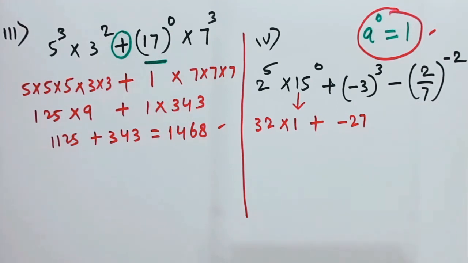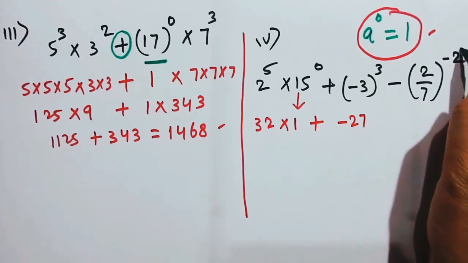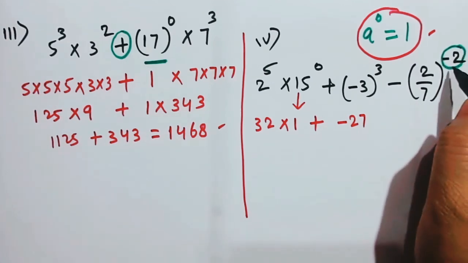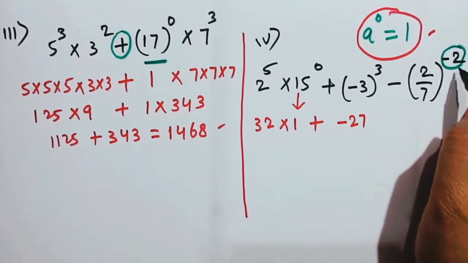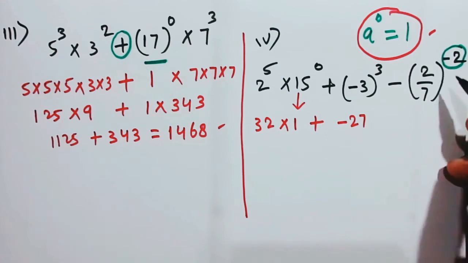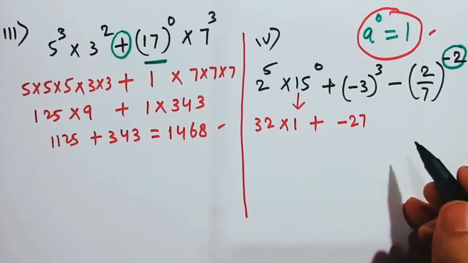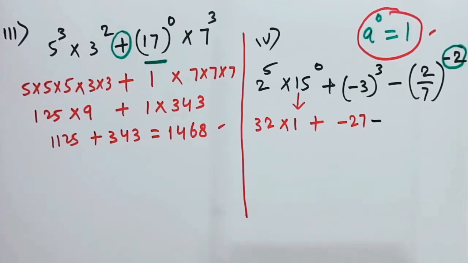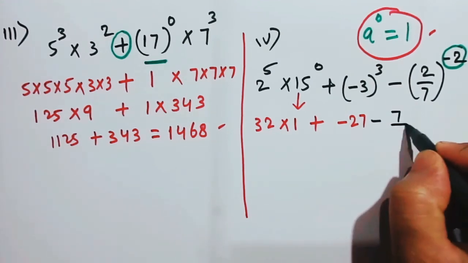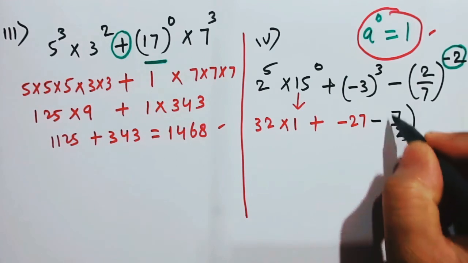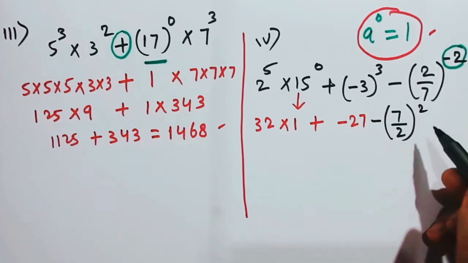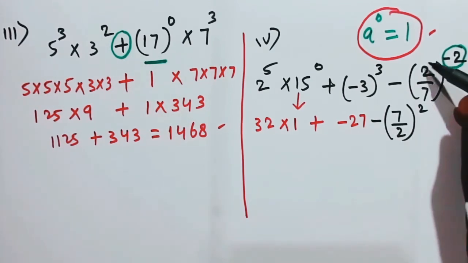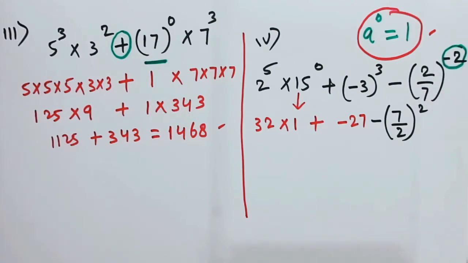Oh my god, here I have a negative exponent. Let me change it into positive exponent. And how can it be done? By converting this into its reciprocal. So minus will remain as it is. This will become 7 by 2 to the power 2. So I just converted this into its reciprocal.